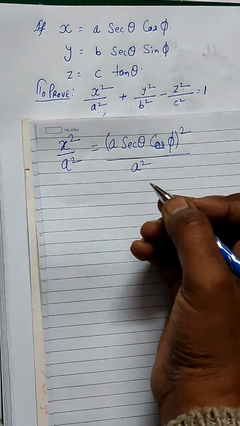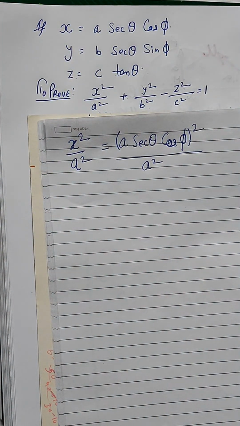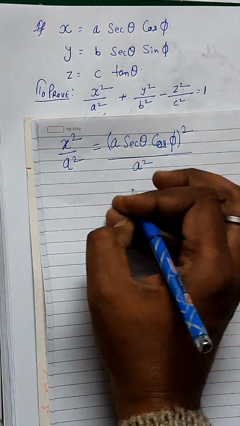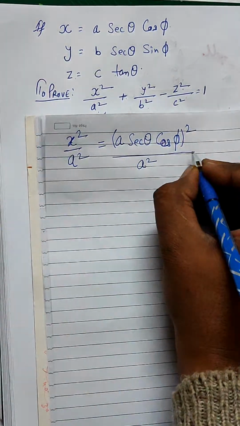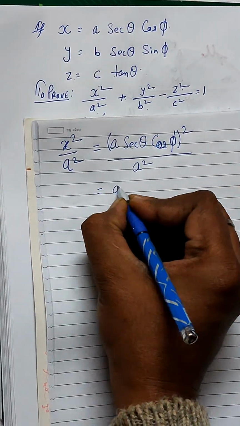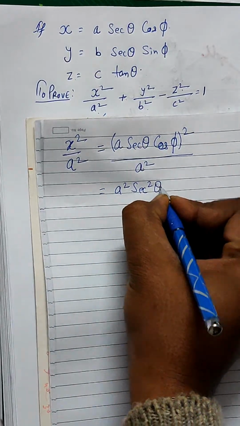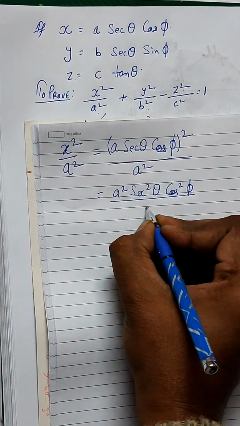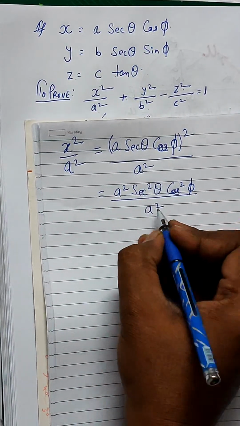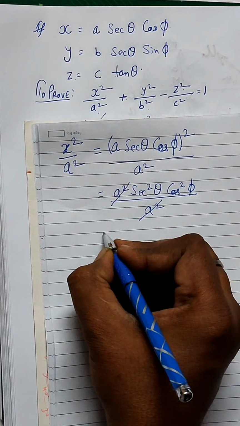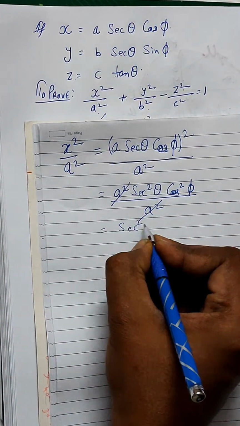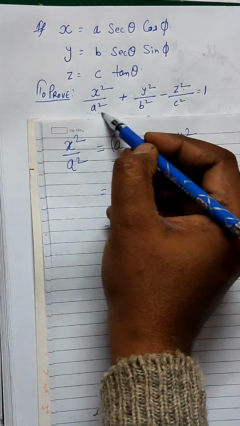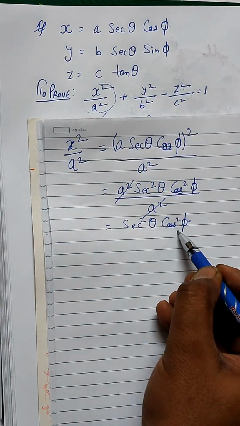So this a square and this a square will be cancelled out. How? You can see this can be written as a square sec square theta cos square phi, divided by a square in the denominator. A square will be cancelled out, and we are left with sec square theta cos square phi. So this is the first term, which is equal to sec square theta cos square phi.